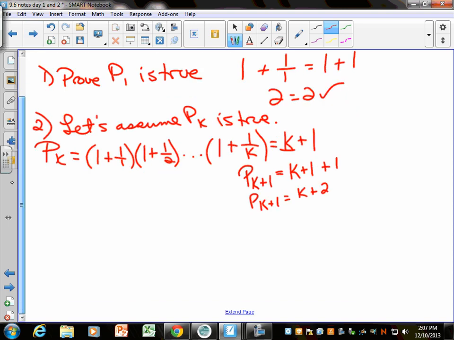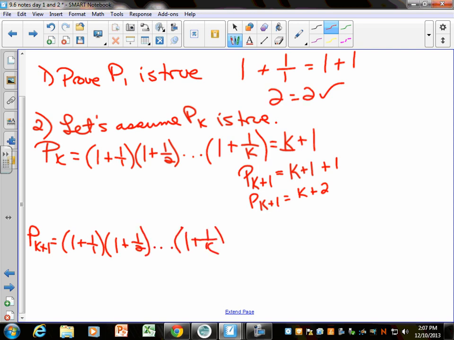So when I come back over here, I'm going to say that my k plus 1 term is all of this: 1 plus 1 over 1 times 1 plus 1 over 2, dot, dot, dot, times 1 plus 1 over k. I haven't changed anything.